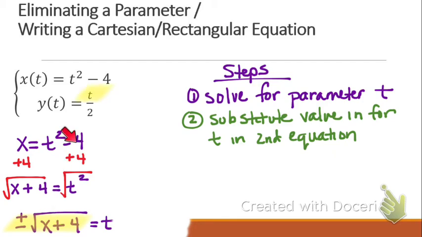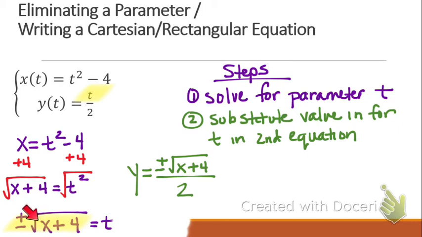I'm going to take this and put it here. So that gives me y equals plus or minus the square root of x plus 4 all over 2. What I just did was I took my parameter that I solved for t and I substituted into my second equation for t. So I swapped the yellow for the yellow.